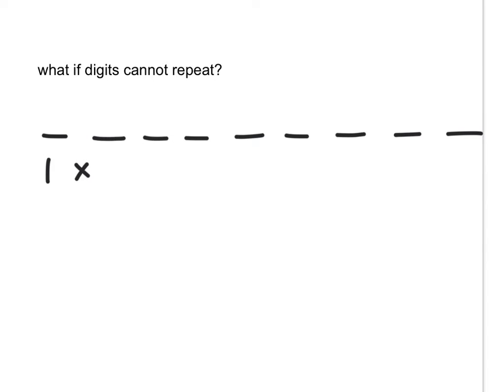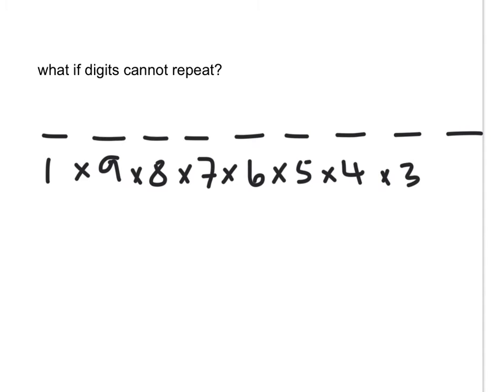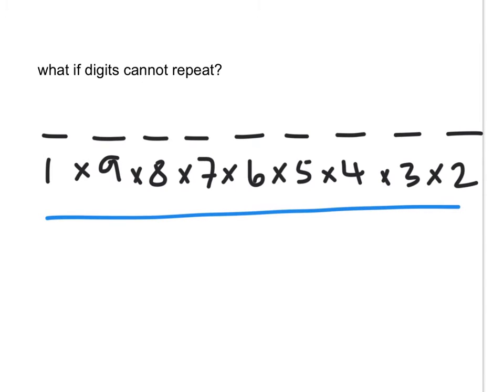Digits cannot repeat, so I've already used 6. So 6 can't be used again. So we have all the digits excluding 6, so we've only 9 options for the second number. 8 for the third, 7, 6, 5, 4, 3, 2. There's the chain of multiplications, and that's the answer.